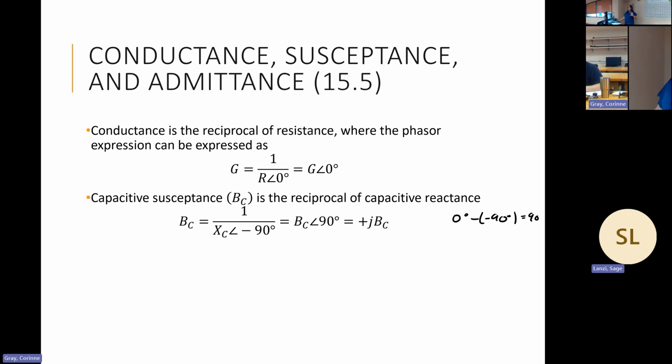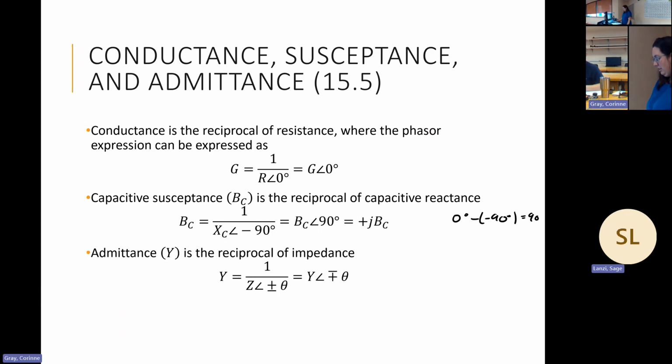So the equation is inversed. It is inversed in angle as well. Instead of negative 90, it ends up being positive 90. And last but not least, we have the admittance.